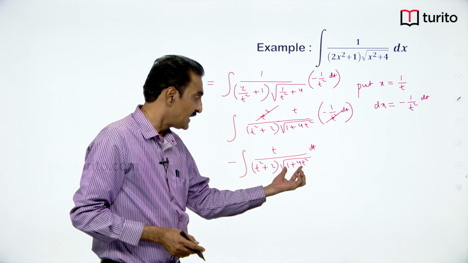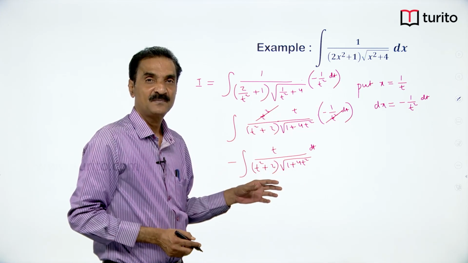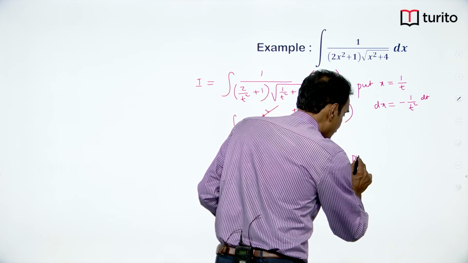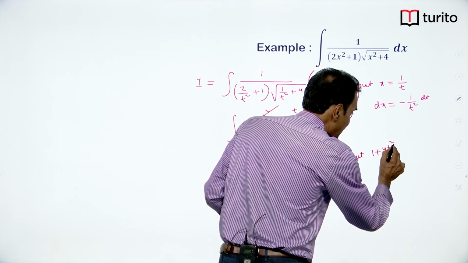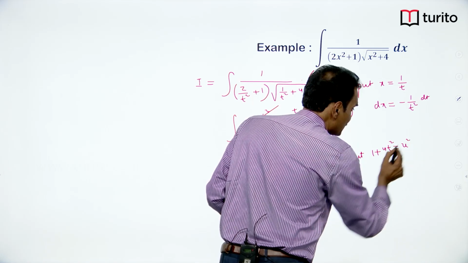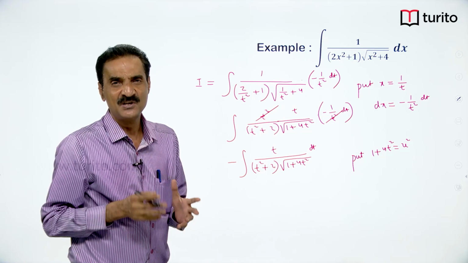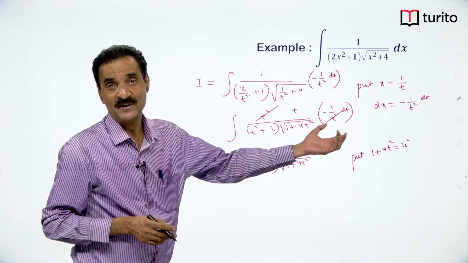So, we can put 1 plus 4t square is equal to some u square. Put 1 plus 4t square is equal to u square. Usually, we try to make the terms rational, that is why we are putting the term under the root as square of something.